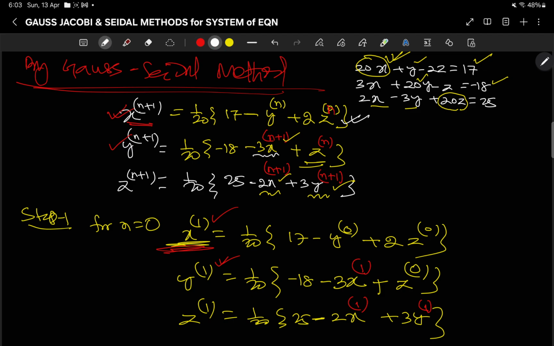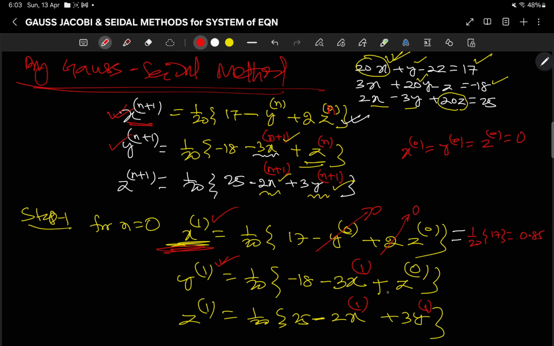So this is the same thing as the result of the previous step, because the value of x0 is equal to y0 is equal to z0 is equal to 0, right? Now this value is my 0 and this value is my 0, so I just substitute it. Okay, it is 1 by 20, 17, so this is equal to 0.85.